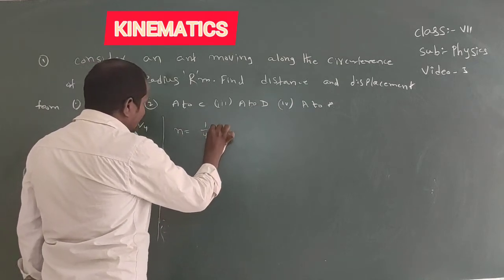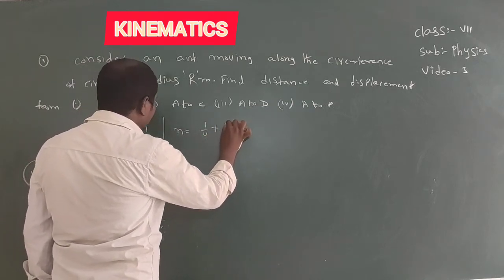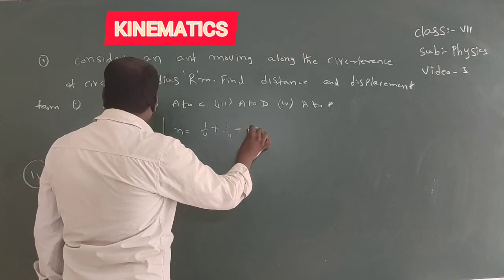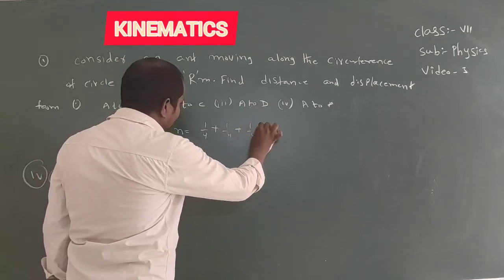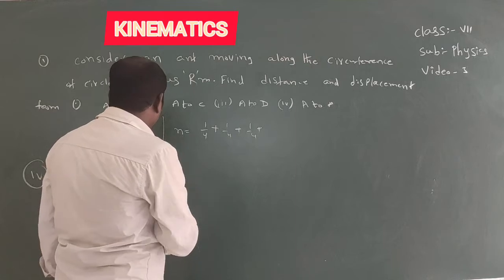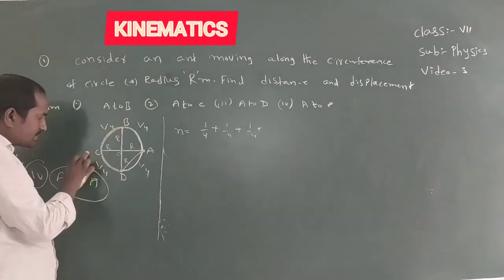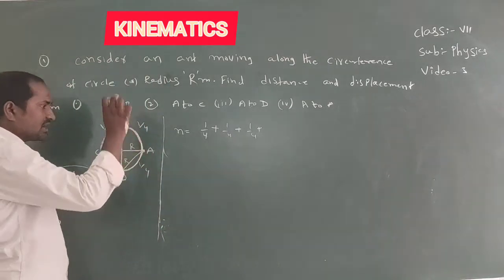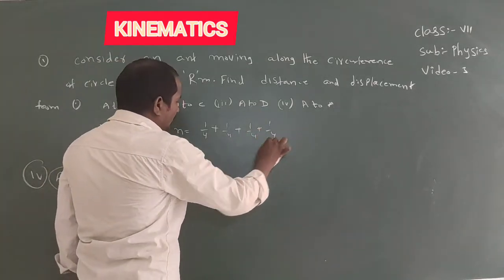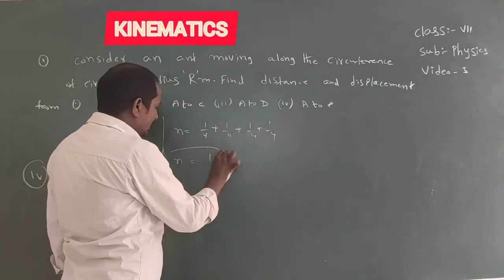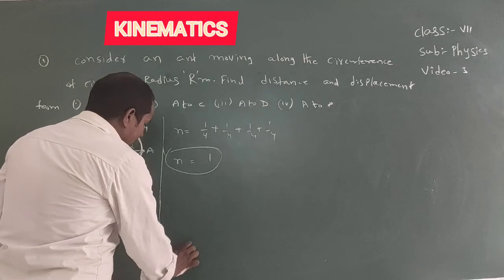A to B is 1 by 4, B to C 1 by 4, C to D 1 by 4 and D to A also 1 by 4, that equals 1. Here n equals how much? 1.